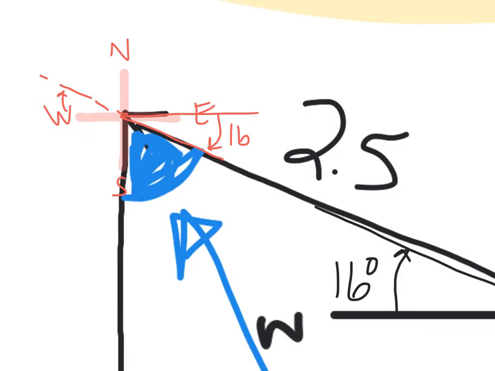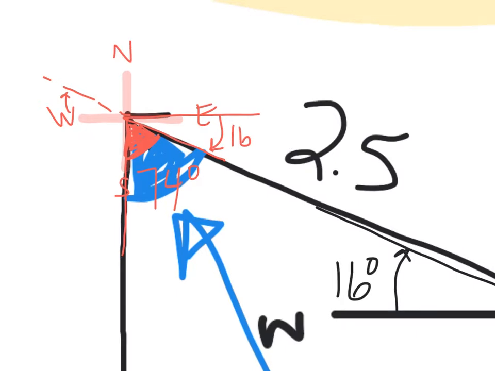So if that's coming in at a 16 degree angle, we can subtract it from 90 and figure out that this is 74 degrees here, because it's a 90 degree angle between east and south.